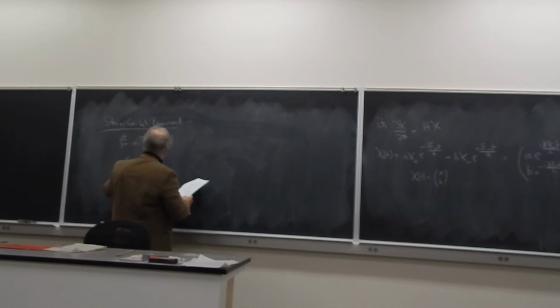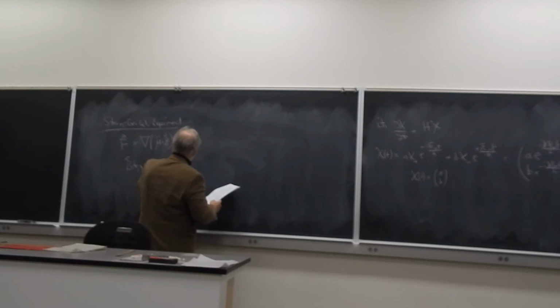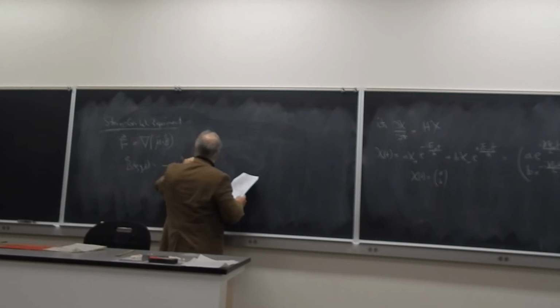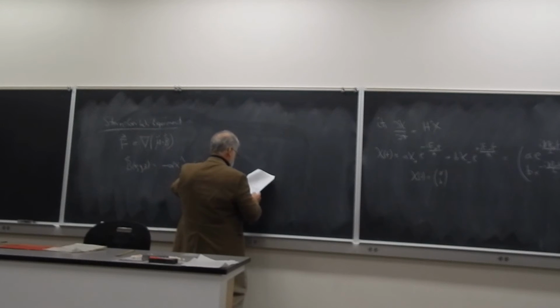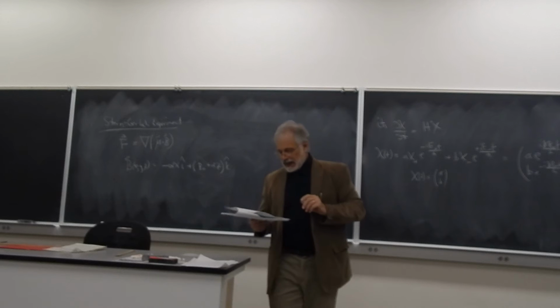Suppose I could write the field as a function of x, y, and z. It may be minus alpha x i plus B naught plus alpha z k. So there's an inhomogeneous magnetic field.